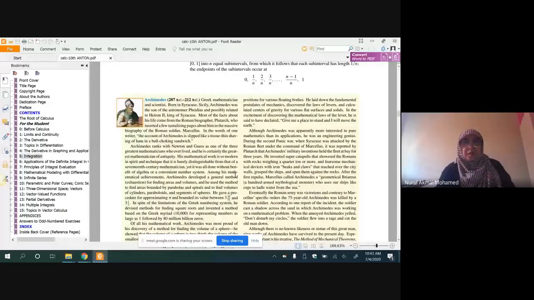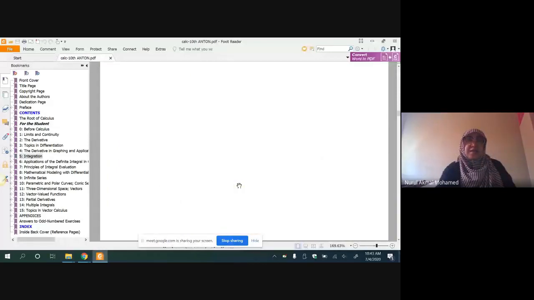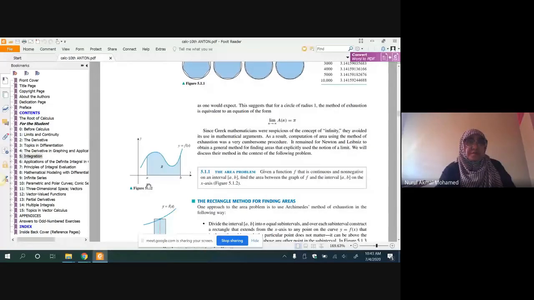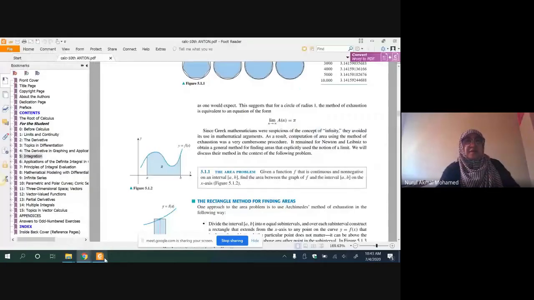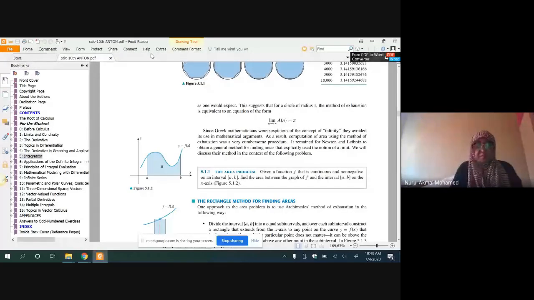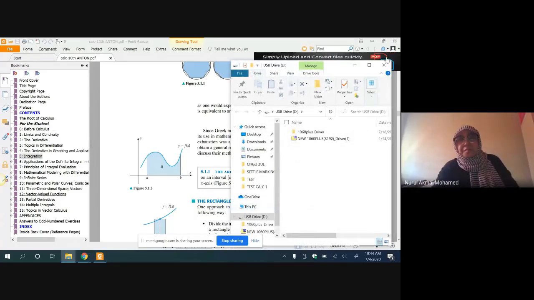Integration by definition is actually the area under the curve.